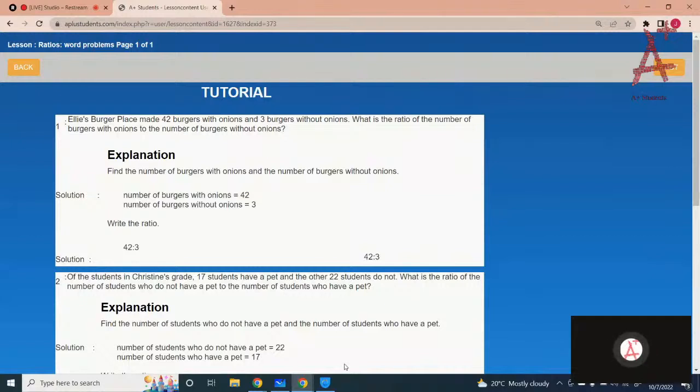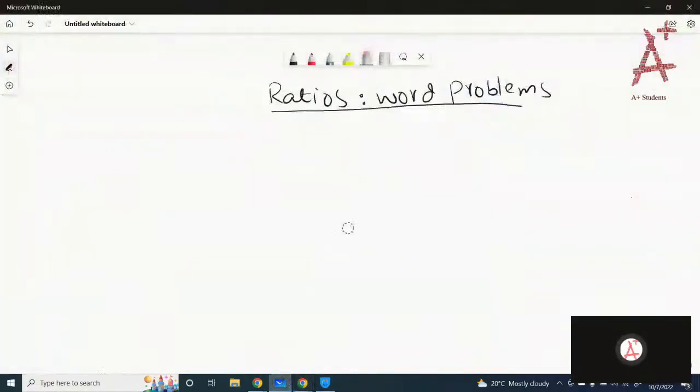So you have to make a ratio between them. When you write the ratio, it is 42 ratio 3. Just find the numbers for both things and write them in ratio form. That's what you have to do.